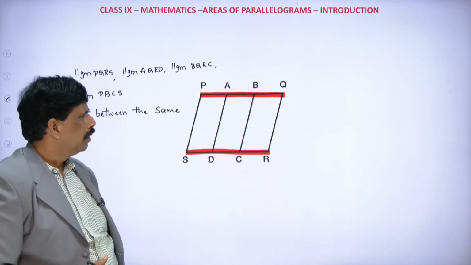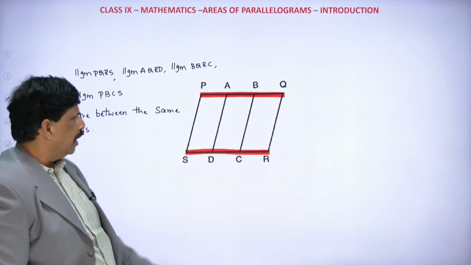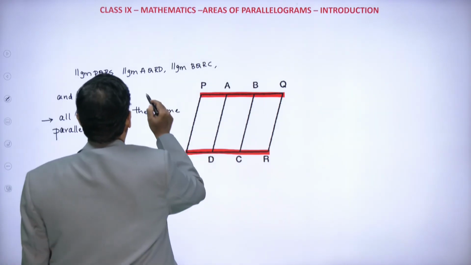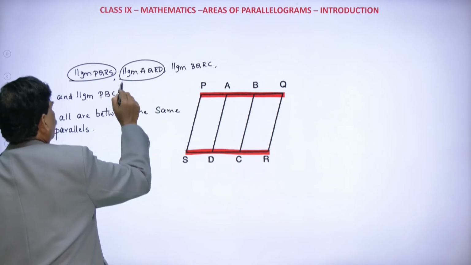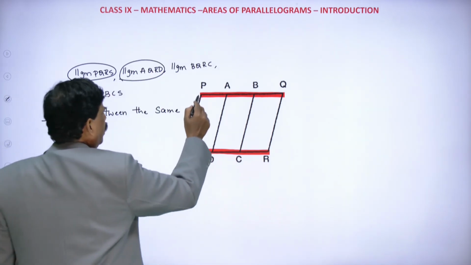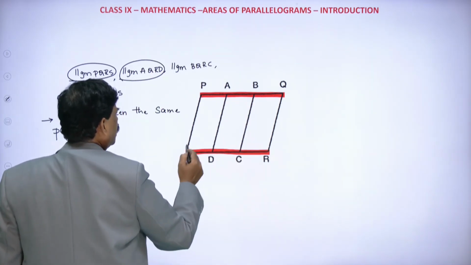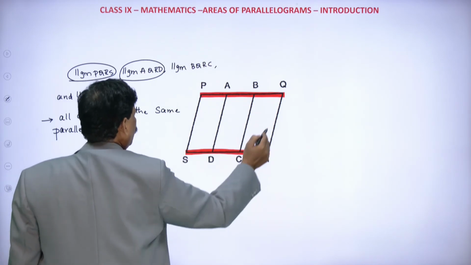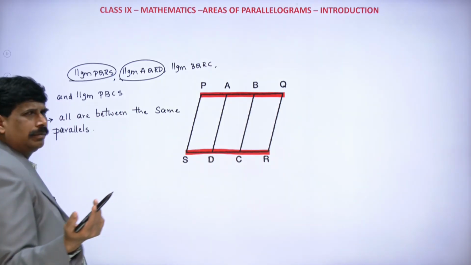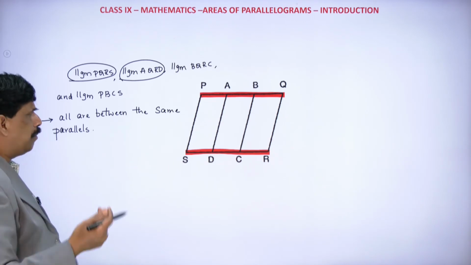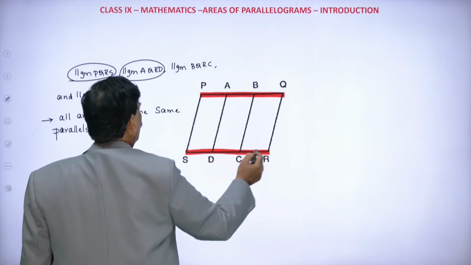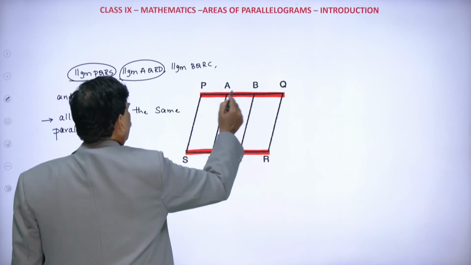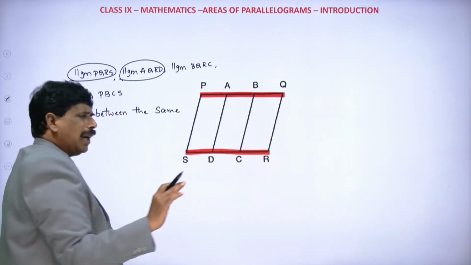It's clear. Now take any one of them, suppose you take PQRS and AQRD. They are not on the same base. Or BQRC, AQRD. You compare any two.